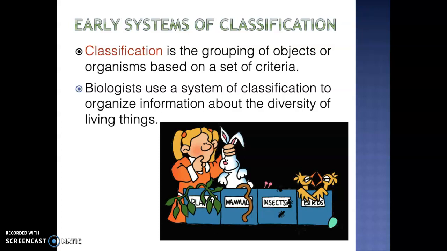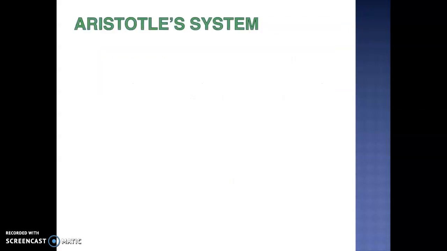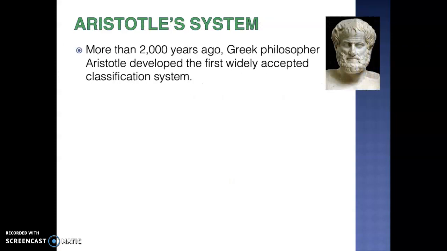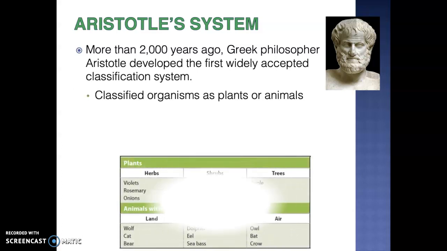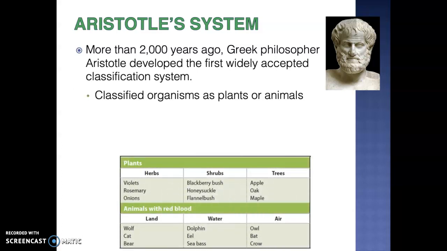So, who is the father of classification? Well, we're not quite there yet. Aristotle, a Greek philosopher, more than 2,000 years ago developed a classification system. Basically, he classified things based on whether they were plants or animals.